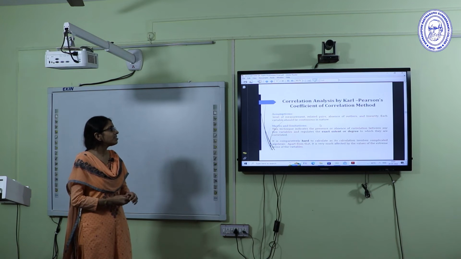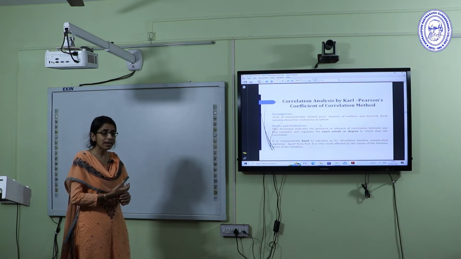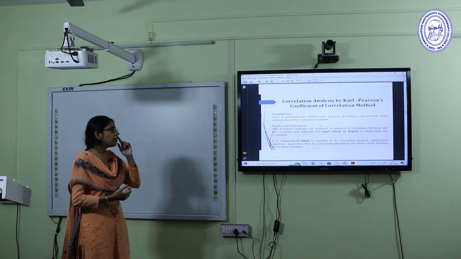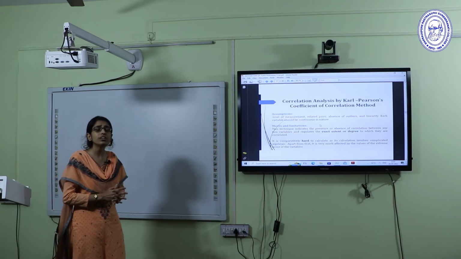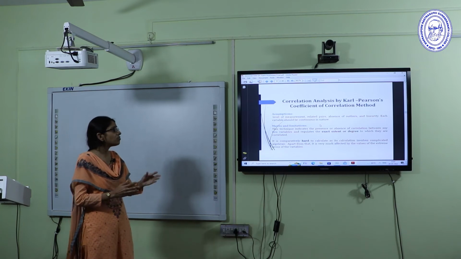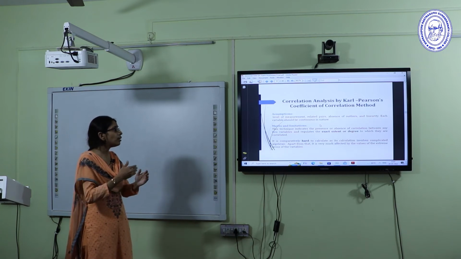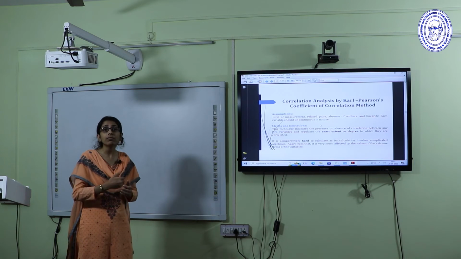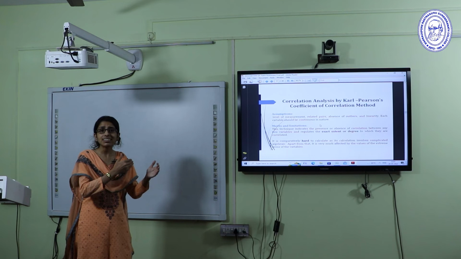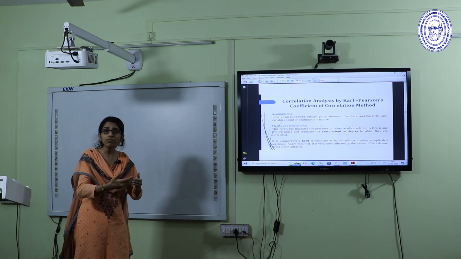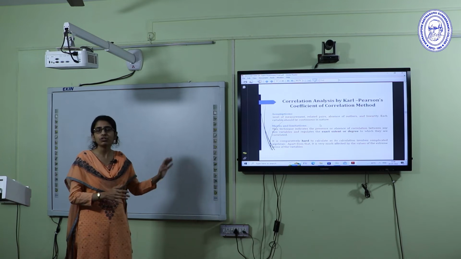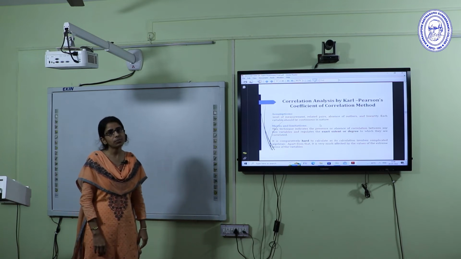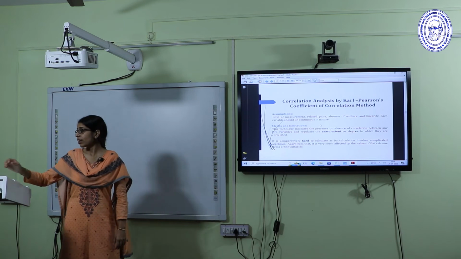So it is comparatively hard to calculate, and apart from this, the value of Pearson's correlation coefficient is very much affected by extreme values, that means outliers. It has a tendency to be more influenced by the presence of outliers. This is a particular limitation of Karl Pearson's method.